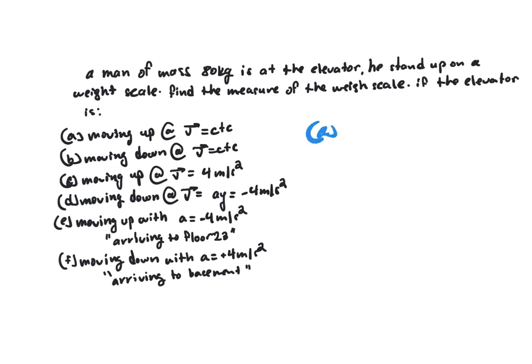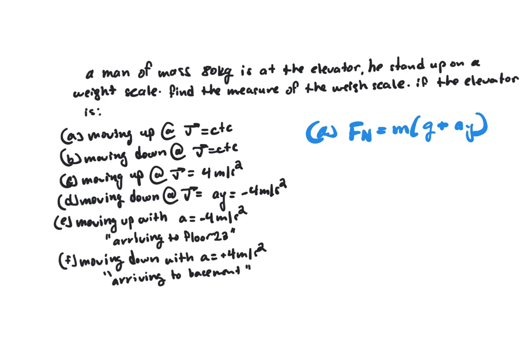A will be, if you know our formula, Fn equals mass times gravity plus acceleration. Find the measure of the weight if the elevator is moving up.